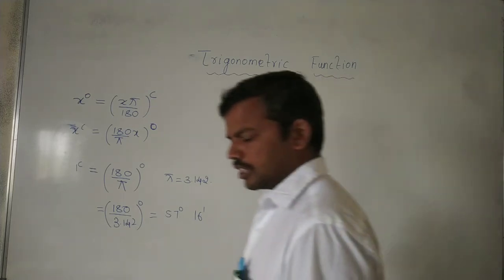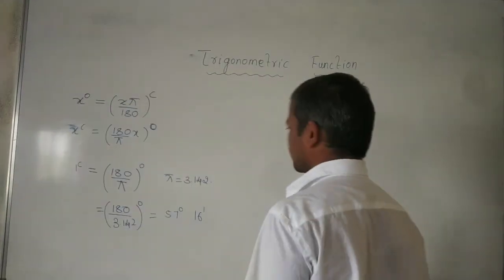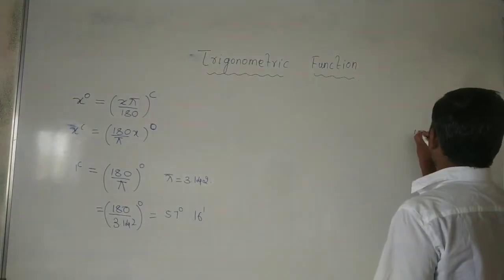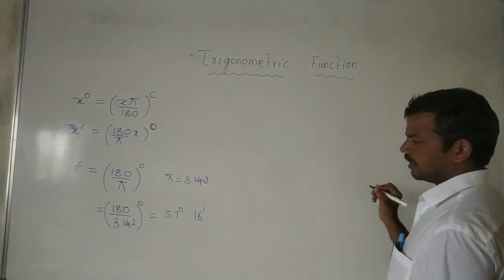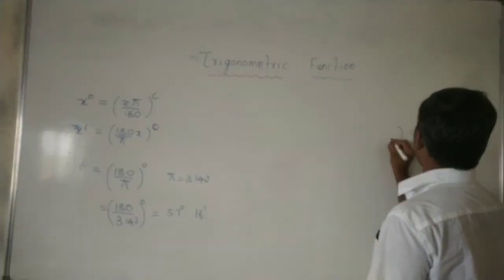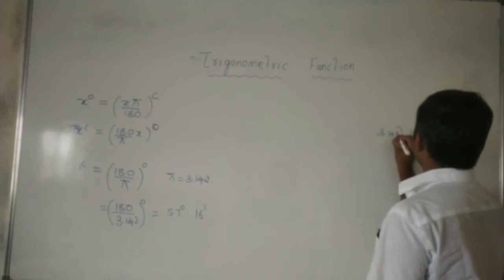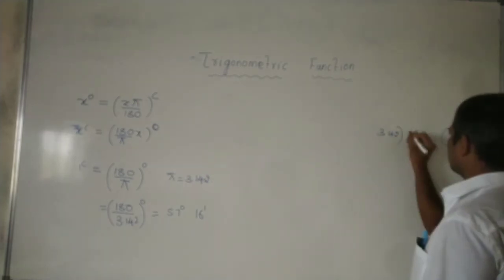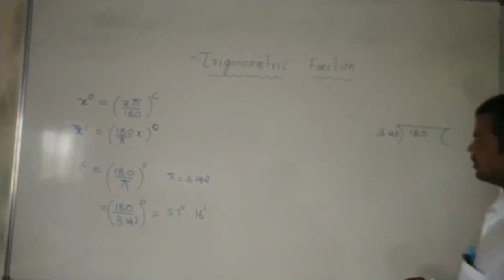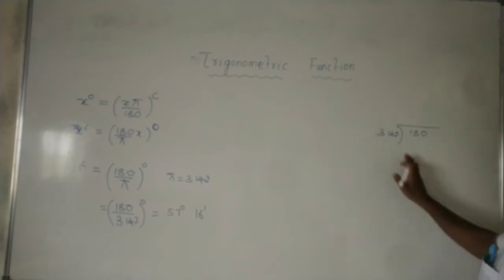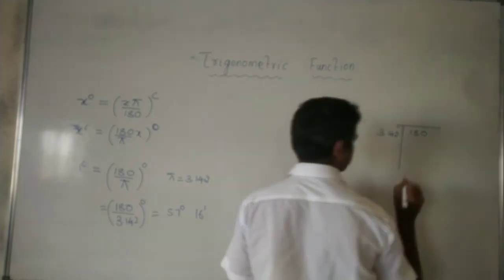So next here we come to how to divide: 180 divided by 3.142. You know how to do division. We know you are well known how to divide the number.